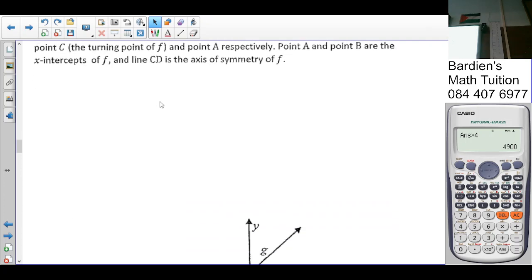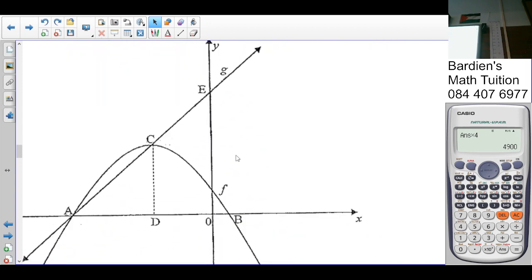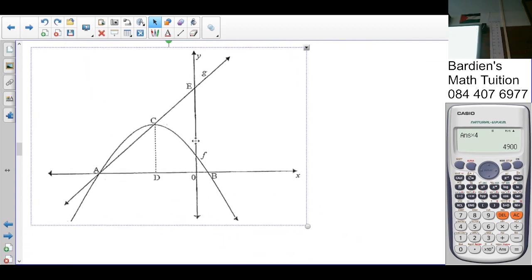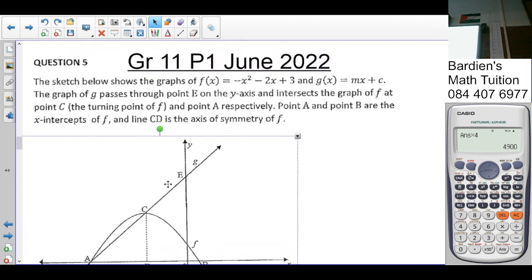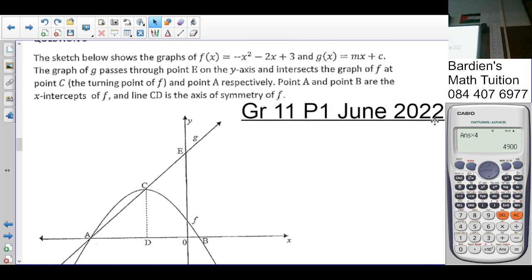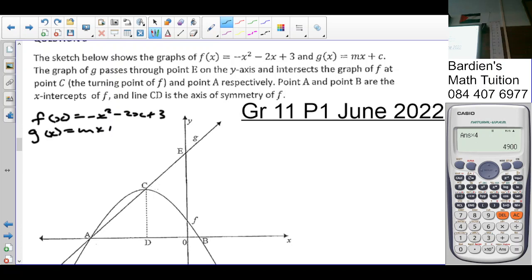So the sketch below shows the graphs of f of x equals negative x squared minus 2x plus 3, and g of x equals mx plus 3. Let's draw the sketch up quickly, a bit smaller.